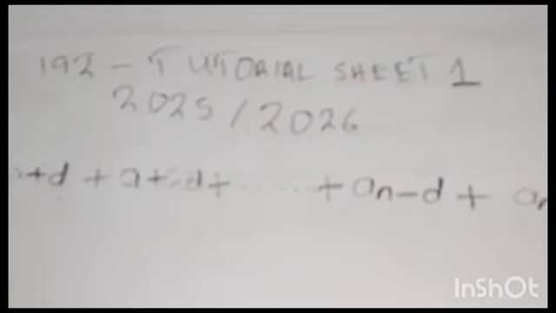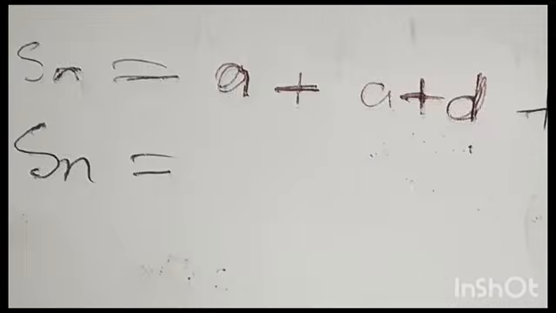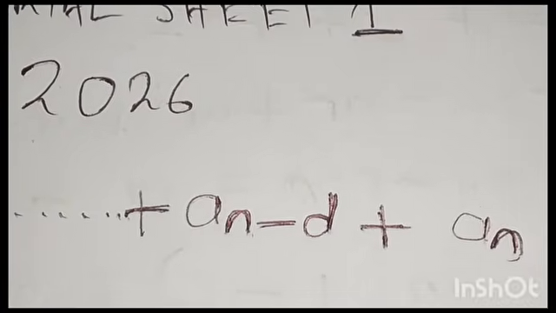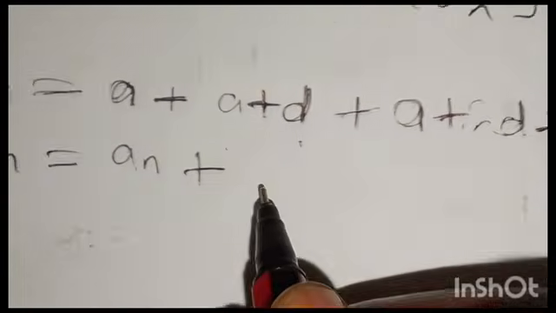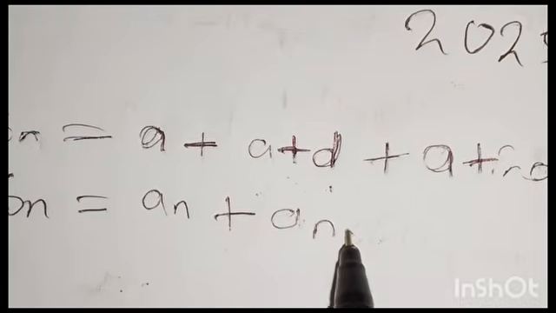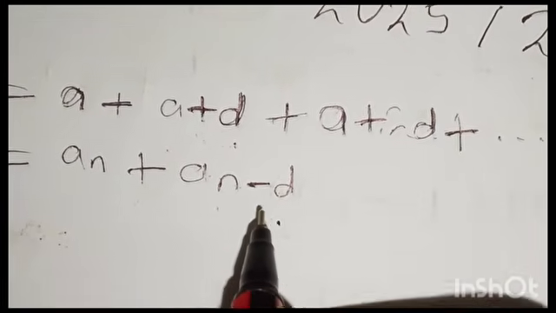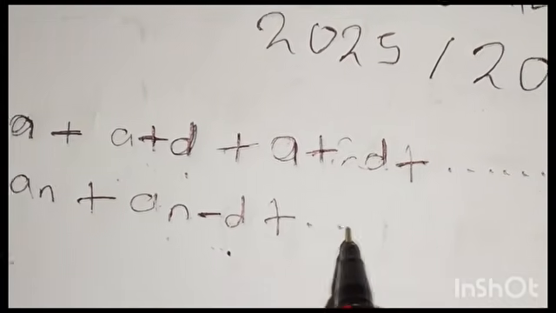Then we can also write this formula starting from the last term to the first term. So Sn is equal to: what is our last term here? Our last term is An, then plus the second from last, which is An minus D, the last term minus the difference. Then plus, this carries on.